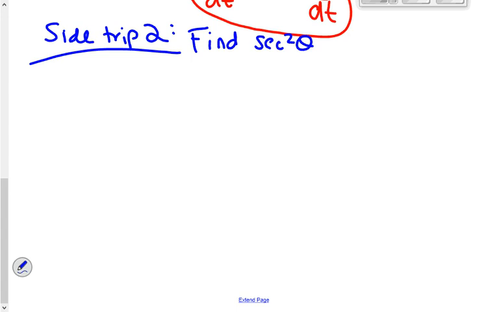Somehow. Well, let's hang on a minute. Zoe, you are on the perfect track. Okay. What does secant theta really mean?